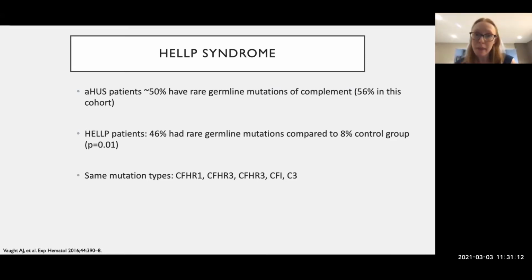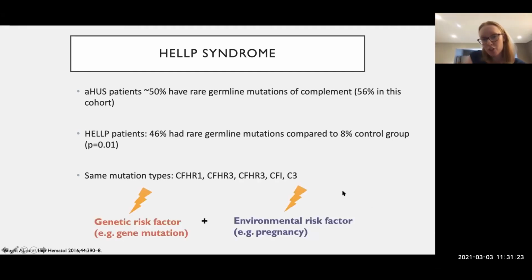We're learning that maybe, especially for these rare forms, there are these underlying complement mutations that could really add to the mix. So having that genetic risk factor plus other environmental risk factors could then trigger something more severe. And they were similar mutations seen as in those with atypical HUS.